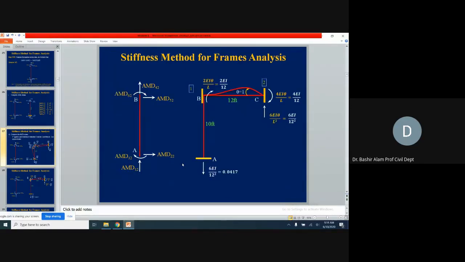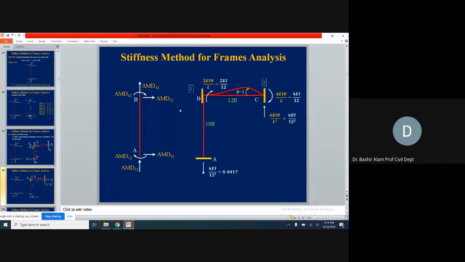Second column is going to be generated from here, where we completed the second column of the stiffness matrix. Now again, this vertical member we are concerned with. So AMD 1,2, 2,2, again the reference for this labeling is the AMs which we did. So AMD 1,2 is how much? It is minus 6EI over L square. AMD 2,2, it is 0 here.